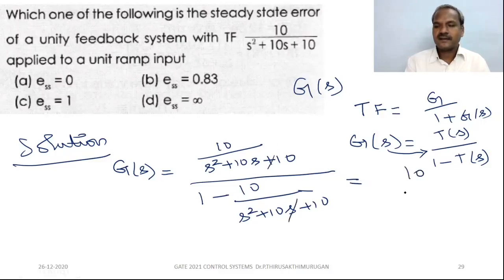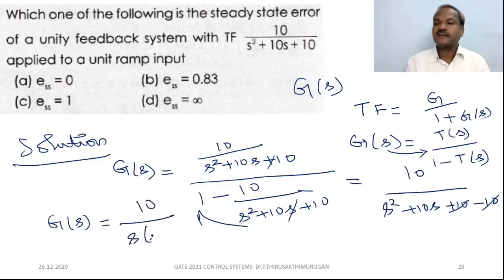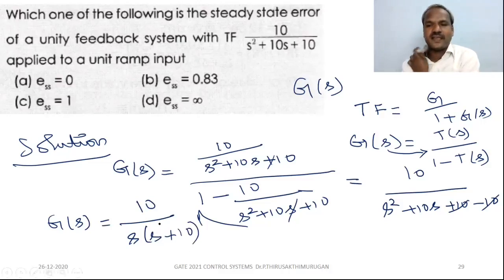So we'll be getting 10 divided by S square plus 10S plus 10 minus 10, the 10s cancel. So G of S equals 10 divided by S into S plus 10, taking S as a common term. What you observe from this G of S is a type 1 system.